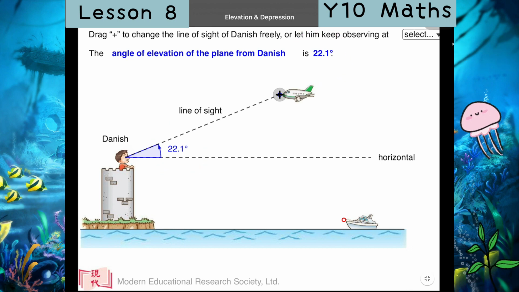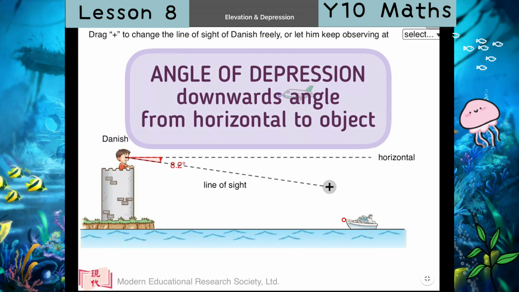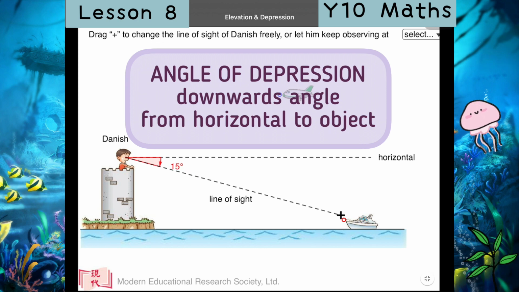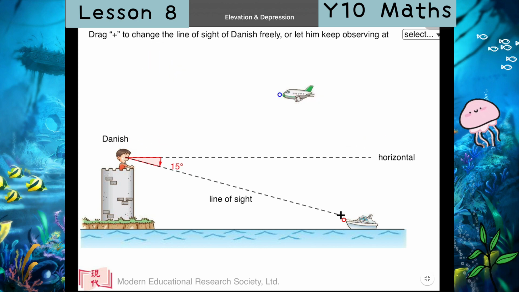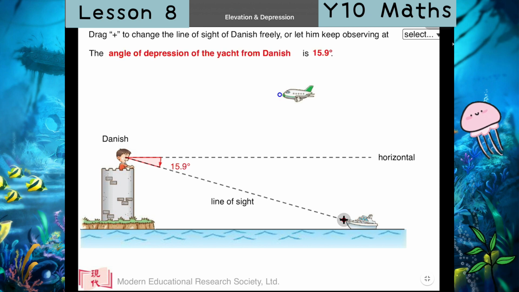Now let's look at what happens if Danish goes back to the eye level. Always remember, it's always from horizontal. So now he's looking down to the yacht. This is the line of sight.